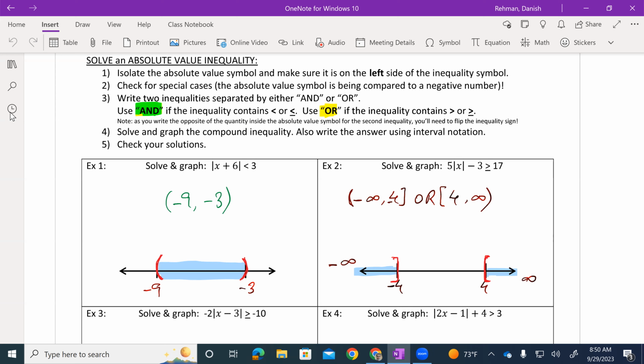Here, the outer region on both sides is shaded, so we will always bring the -infinity and infinity over there. With which word? The word that you will bring in over here is or, not the and. Keep it in mind, and connect the statements that way.